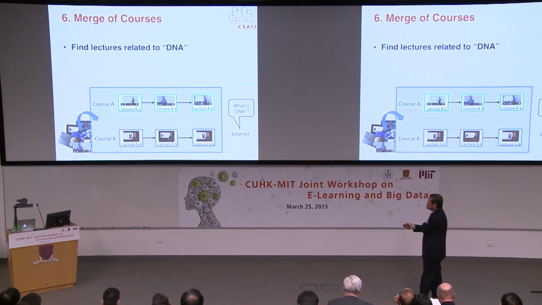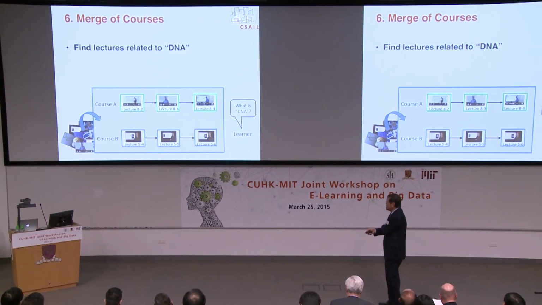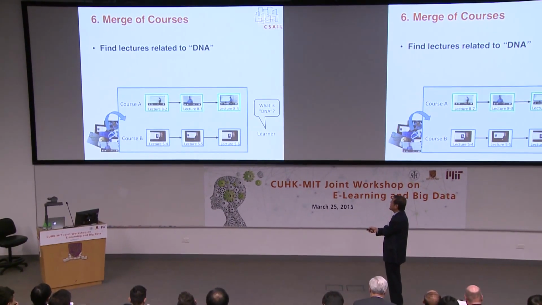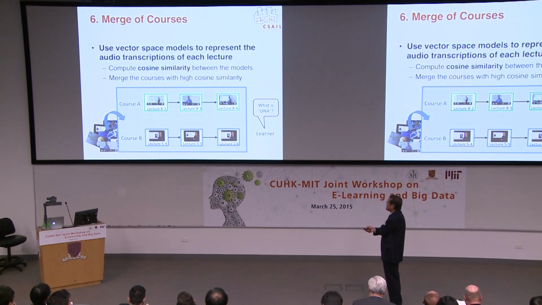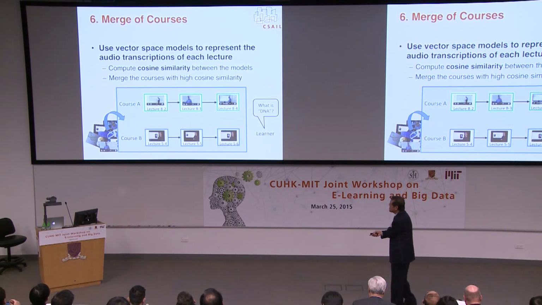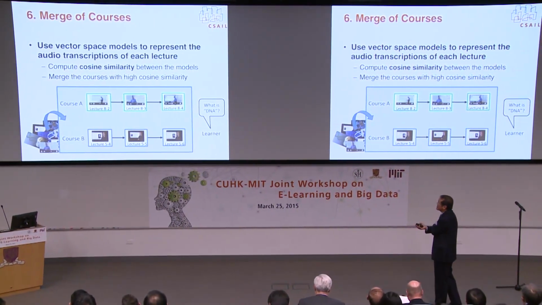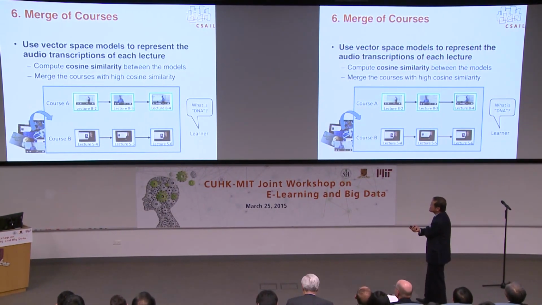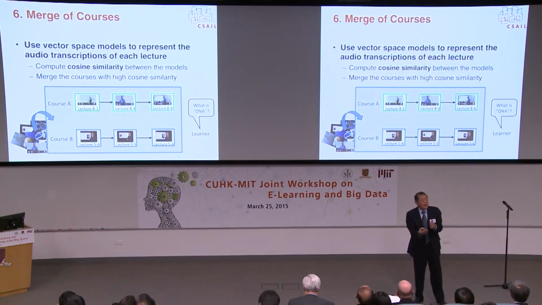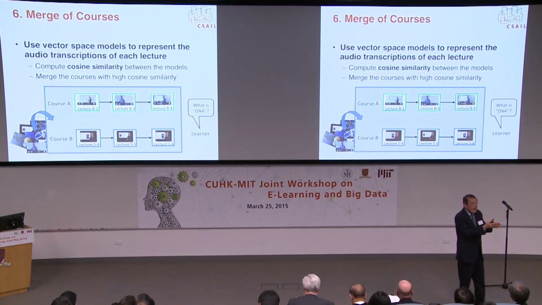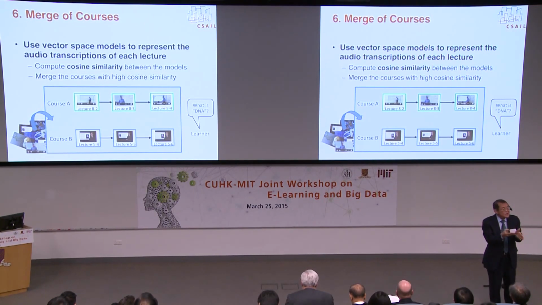for different courses, maybe one at Berkeley and maybe one at Columbia or MIT and Stanford. And what you really want to do is to use this technique in natural language processing called vector space models. That's basically a way of representing a paragraph, if you will, in terms of a vector.